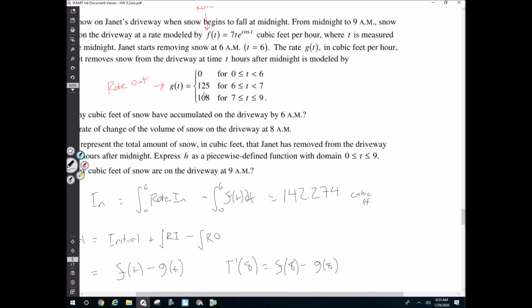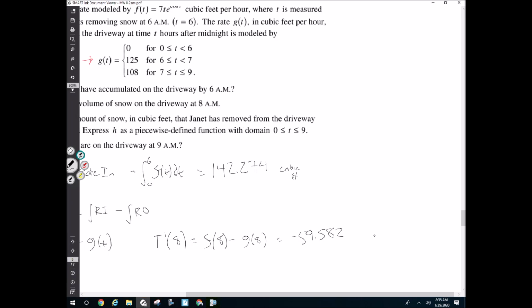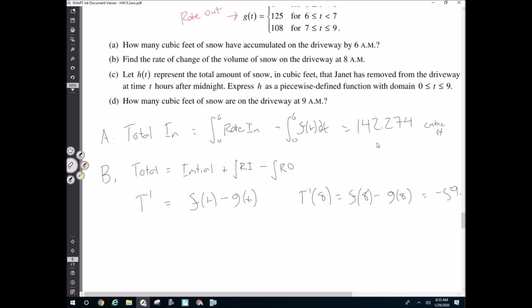She starts hard, slows down for the last 2 hours. We get negative 59.582 cubic feet per hour. Not hour squared, hour. Okay. So that'd be the rate of change.